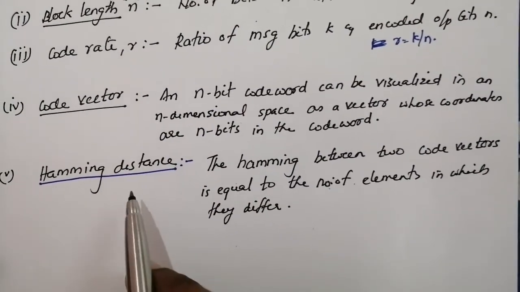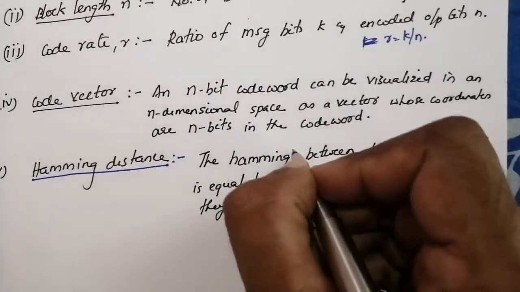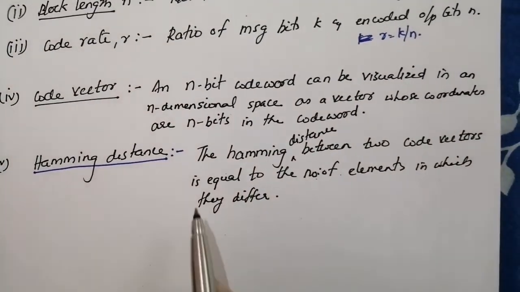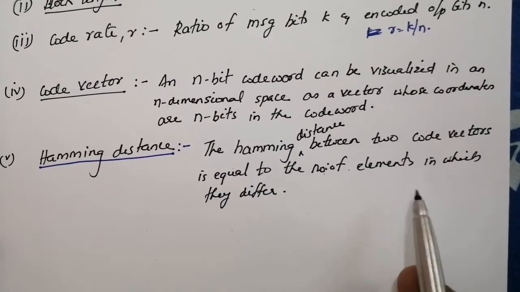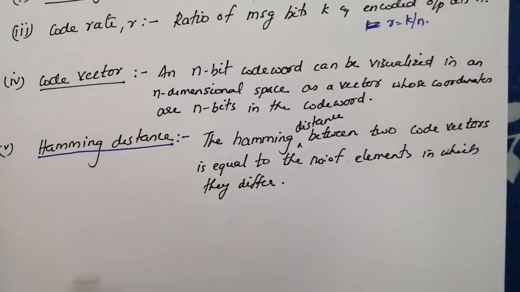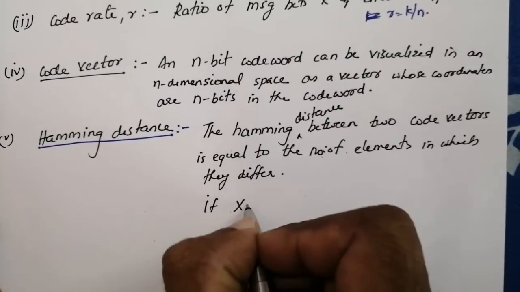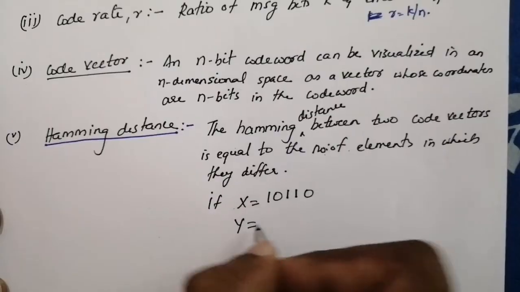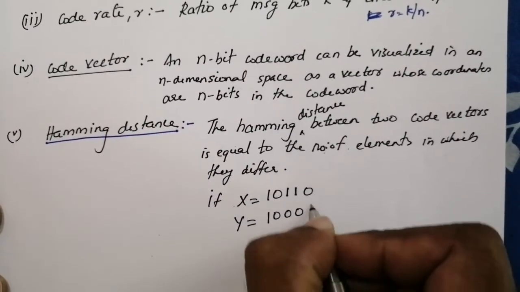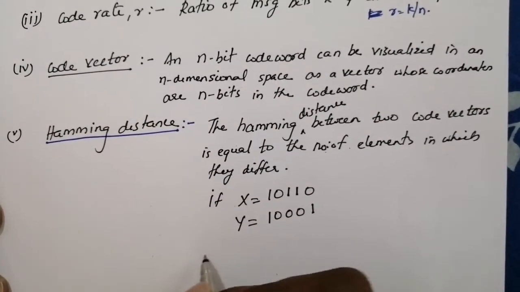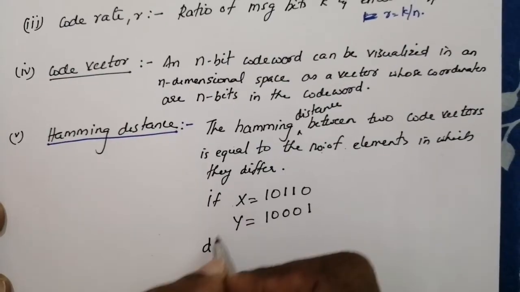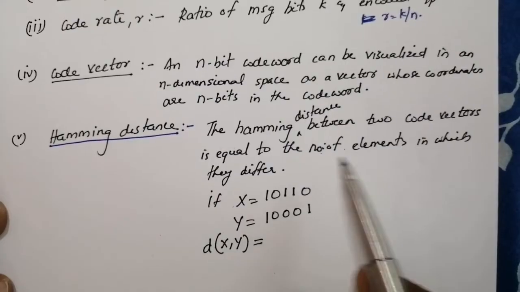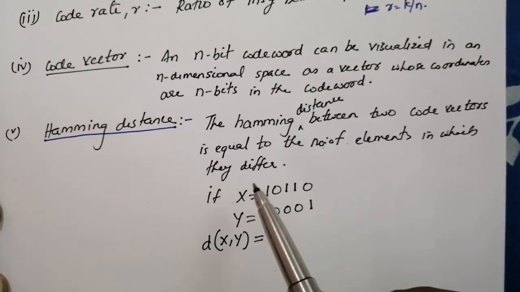Next is Hamming distance. The Hamming distance between two code vectors is equal to the number of elements in which they differ. For example, if x equals 1 0 1 1 0 and y equals 1 0 0 0 1, then the Hamming distance between these two code vectors x and y is the number of elements in which they differ.